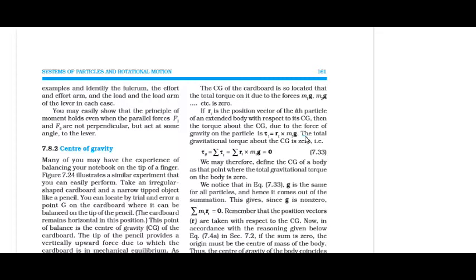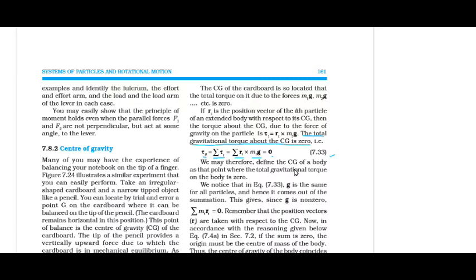So remember, the total gravitational torque about the center of gravity is 0. So we can write τ = Στi = Σ ri × mi g = 0. Equation 7.33.